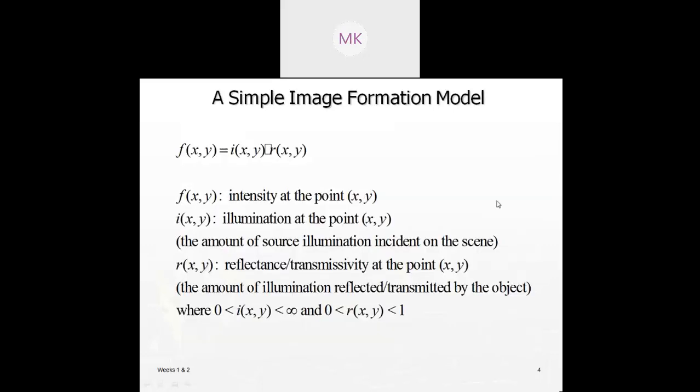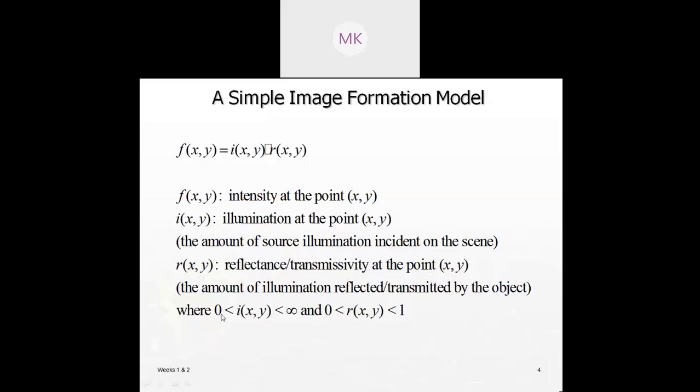The image formation model is f of x comma y equals i of x comma y times r of x comma y, where f of x comma y is the intensity at the point x comma y, i of x comma y is the illumination at that point, and r of x comma y represents the reflectance or transmissivity at that point.